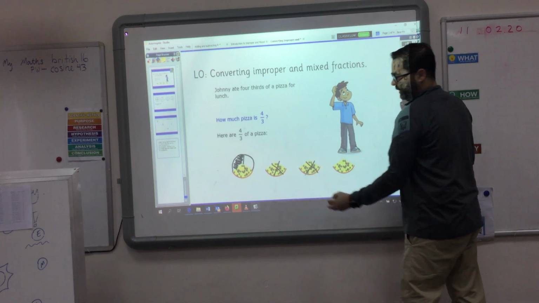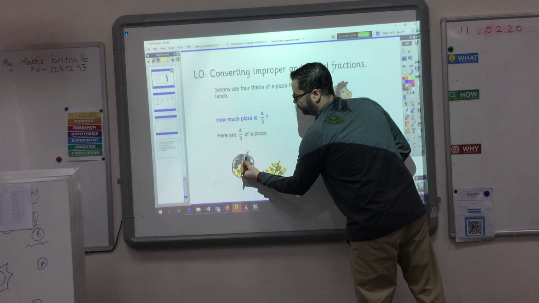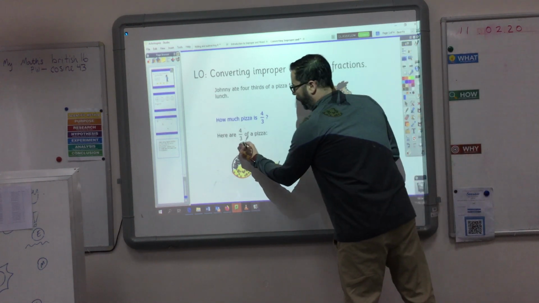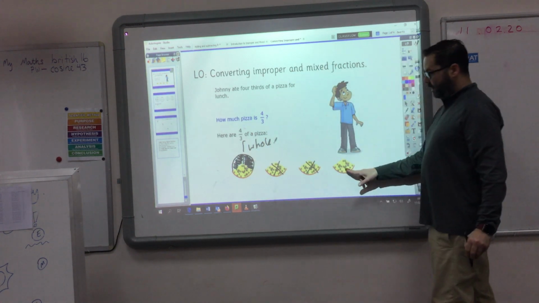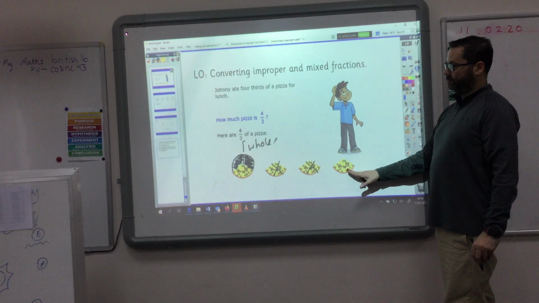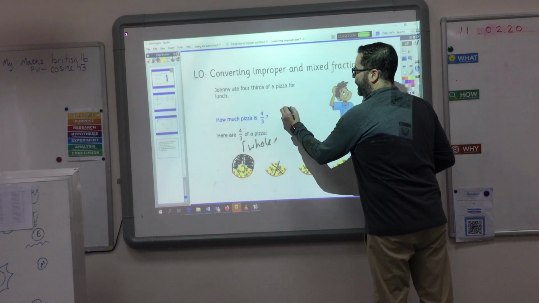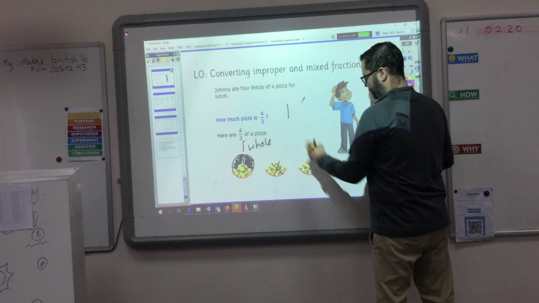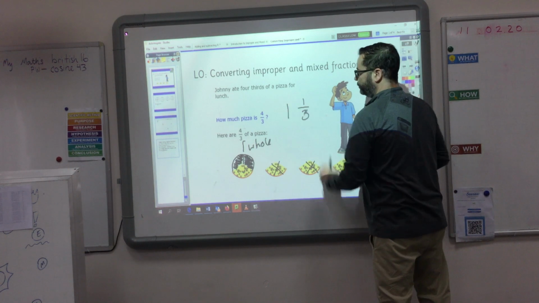And this piece of pizza, and we put it here, that would mean there would be 1 whole pizza and 1/3 extra. So 4/3 can be written as 1 whole, which is this pizza, and 1/3 that is extra.